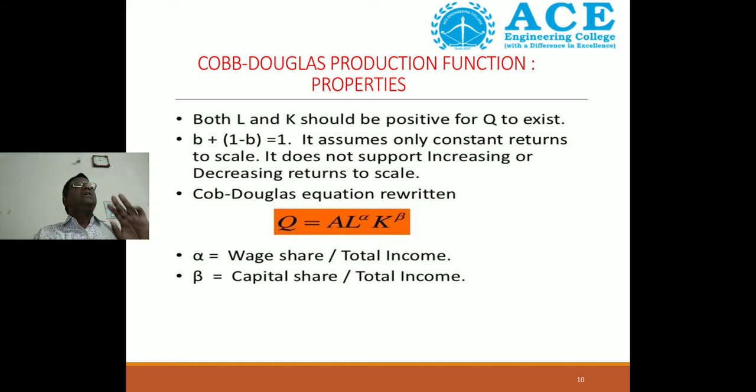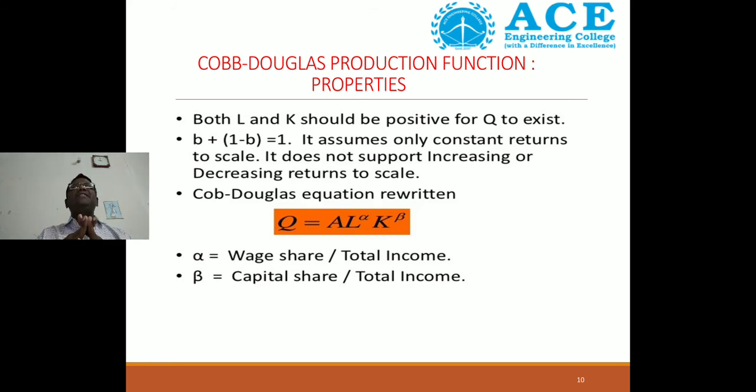It does not support increasing returns to scale or decreasing returns to scale. It assumes only constant returns to scale. So, the first property is that both labor and capital should be positive for Q to exist.